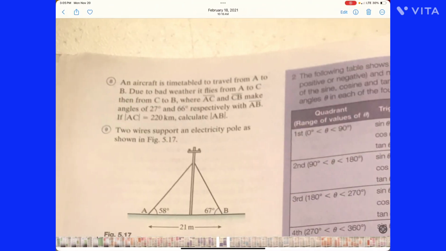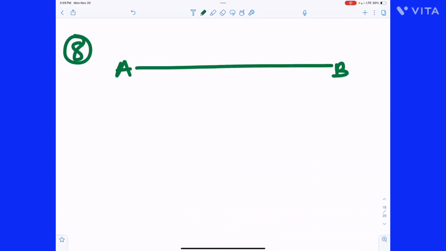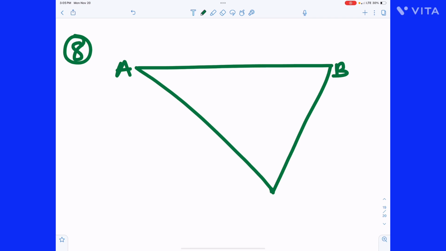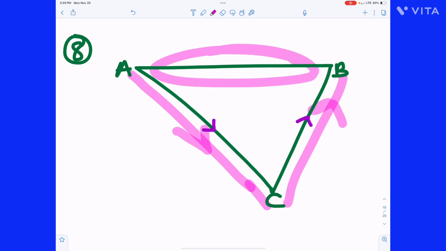But due to bad weather, it flies first from A to C and then from C to B. So let me put directions so you can see. It traveled from A to C first, then from C to B in order to avoid bad weather here.